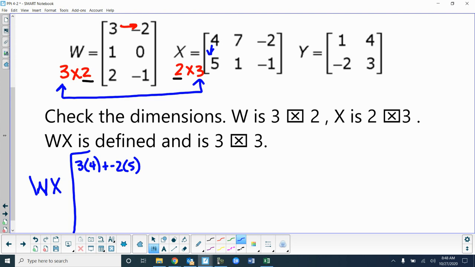Then it's 3 times 7 plus -2 times 1. And then it's 3 times -2 plus -2 times -1. So you're going across and then down.